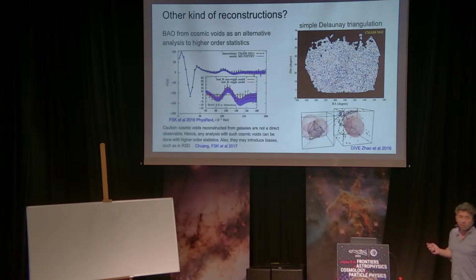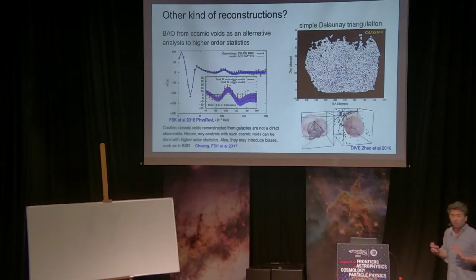In 3 dimensions, it's actually tetrahedra. And then you find quartets of galaxies, you define empty spheres, and the centers of those empty spheres can be defined as the center of your cosmic void.